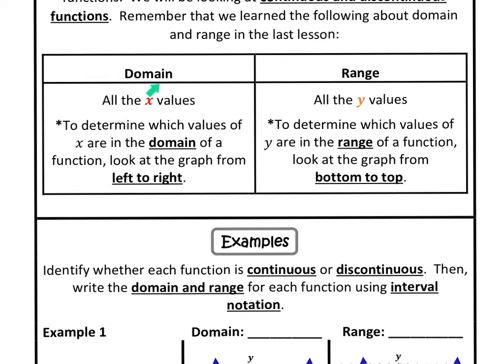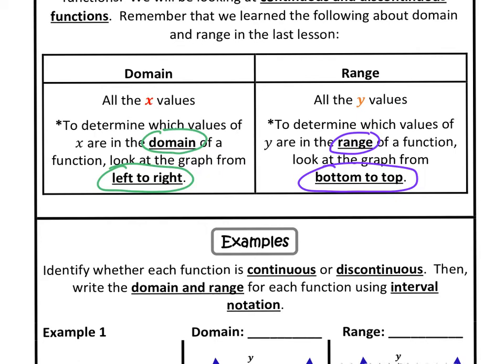And that's our domain, right? We went from left to right. And I think I was using green, right? So for domain, we were using green, and we made sure that domain was scanning the graph from left to right. And for range, that's when we were scanning from the bottom to the top to take into account all the y values that the graph covers.